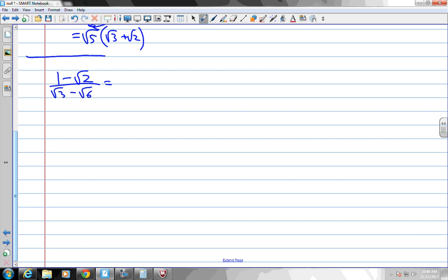What's going on here is that we have root 3 minus root 2 times root 3, that's the square root of 6. So if I factor out square root of 3, it's 1 minus square root of 2 over square root of 3 times what? 1 minus square root of 2. Yeah?